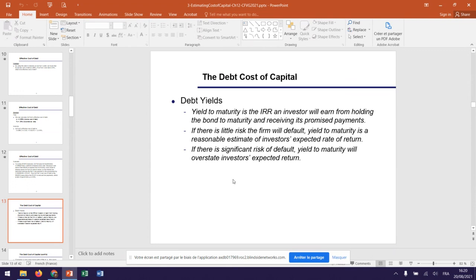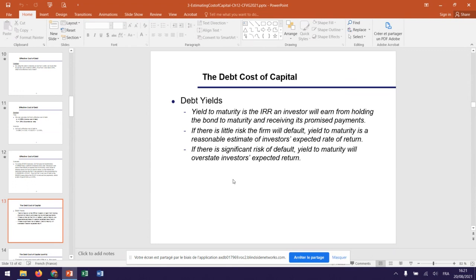However, if the bond may default, the yield to maturity, which is based on the promised payments of the bond until maturity, will overestimate investors' expected return. So we cannot use the yield to maturity of a higher risk bond as the cost of debt of the company, because it will overestimate the cost of debt.